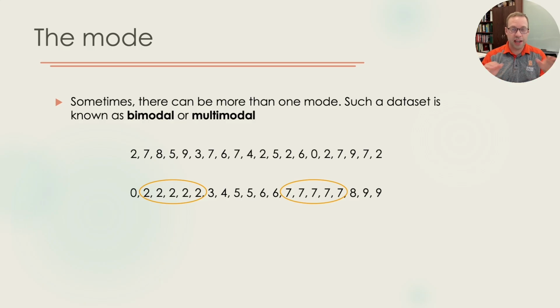There are 5 sevens and 5 twos. So this is what we would call bimodal because there are 2 modes in our data set. And we would write it this way. The mode is the set 2 and 7. Now, those curly braces, that's just a mathematical way of saying it's a set of numbers. So the mode is both 2 and 7.